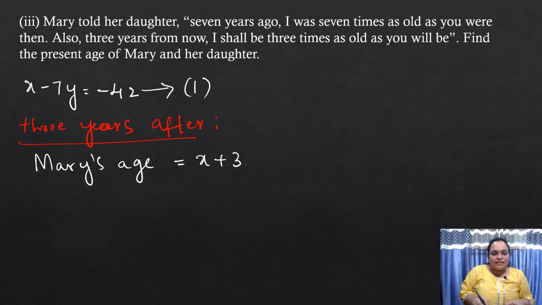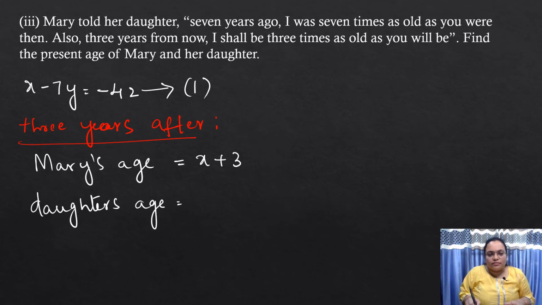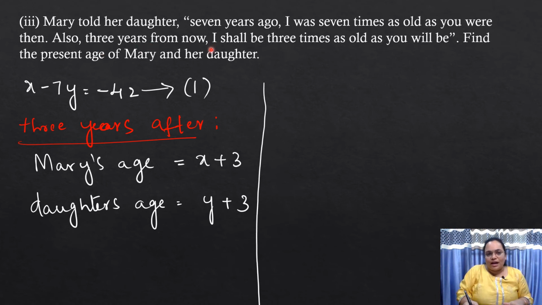Right? In the same way, daughter's age is y plus 3. 3 years from now, I shall be, who is I here? I is Mary. Right? I is Mary and you is daughter. Okay, you is daughter. So Mary says, I shall be, I is x plus 3.